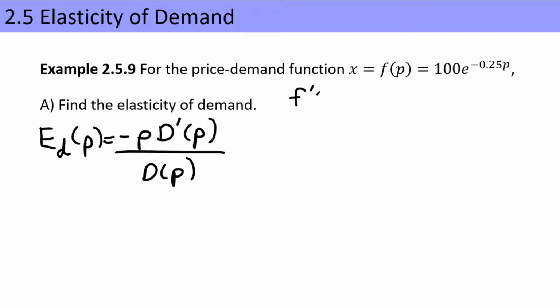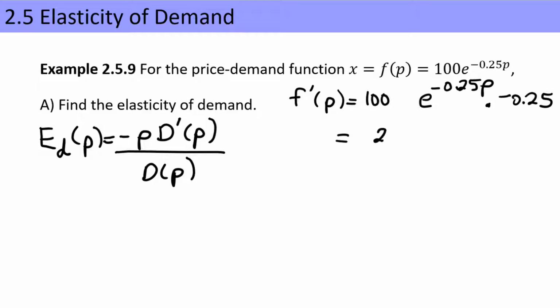So F prime of P is equal to 100, and then the derivative of e to the negative 0.25p. The rule tells us we also need to multiply it by the derivative of the power, and the derivative of negative 0.25p is negative 0.25. Let's multiply the constant. So 100 times 0.25 is just 25.